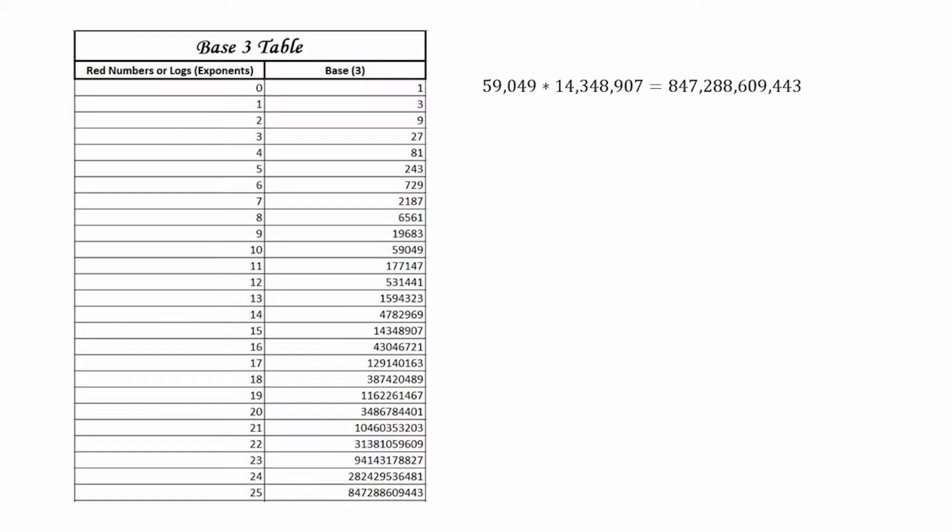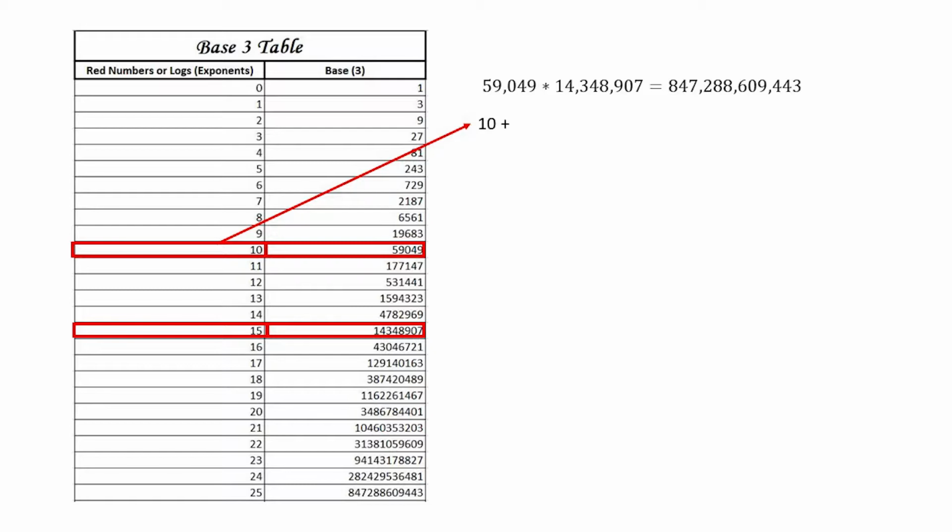To multiply them, I go to my base 3 logarithmic table, find the first number and its corresponding exponent. So 3 to the 10 is 59,049. Then I find the second number in the table and its corresponding exponent, and I add the exponents together, which is 25.